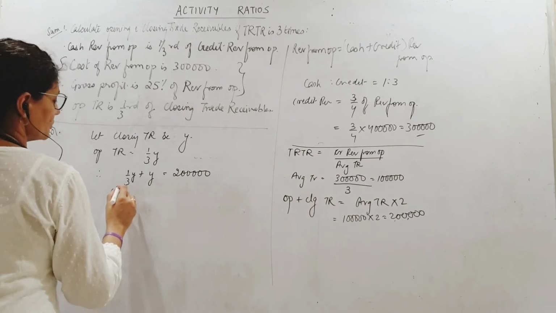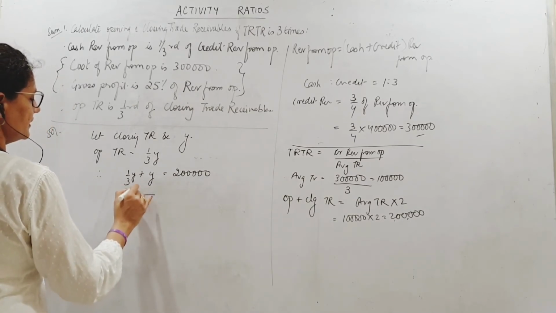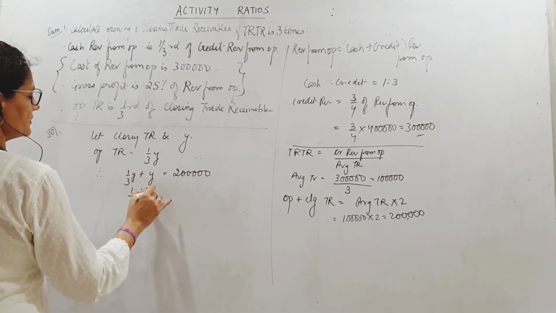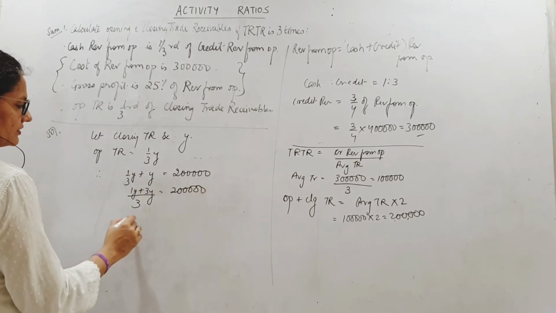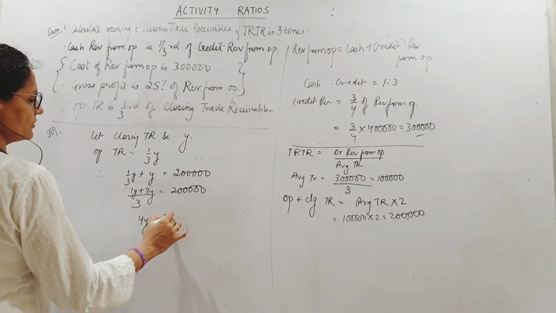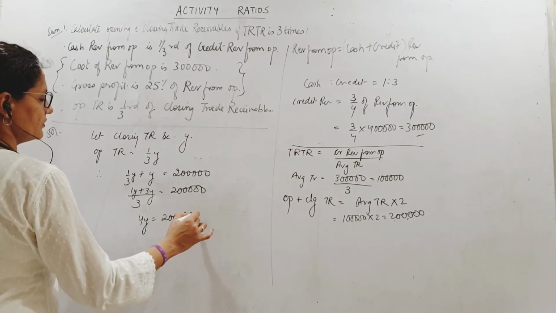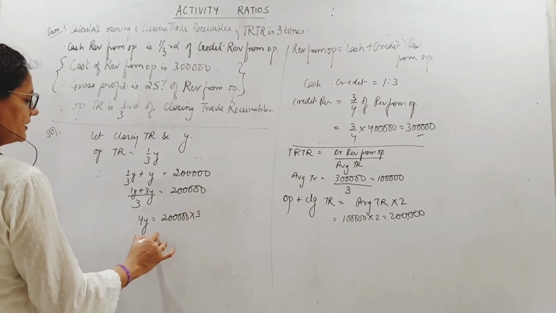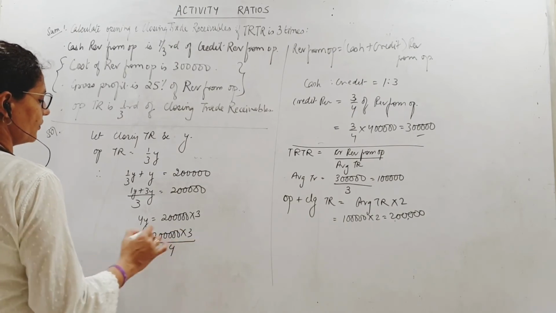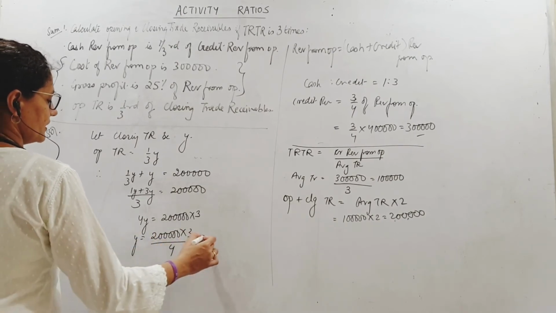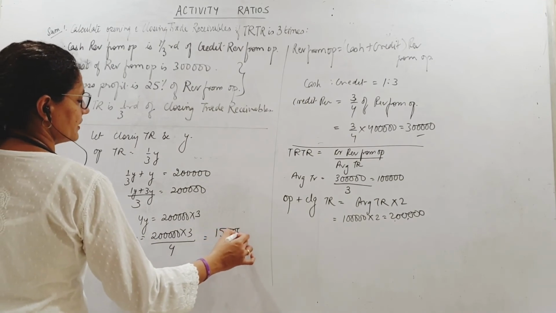Correct? So if I take this, 1y plus 3y is equal to 2 lakhs. Simply solving the equation, 4y is equal to 2 lakhs into 3. Y is equal to 2 lakhs into 3 by 4. So 1 lakh 50,000 is my y.